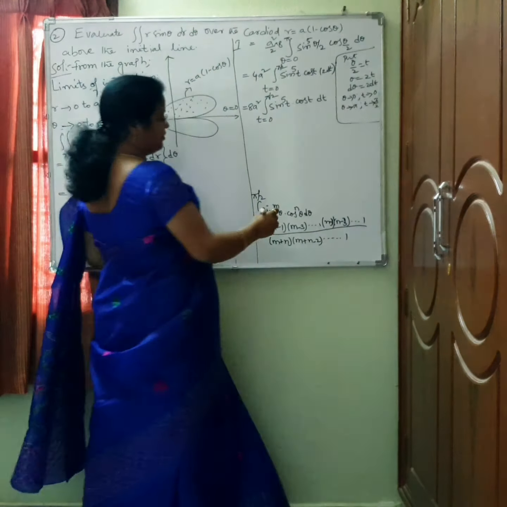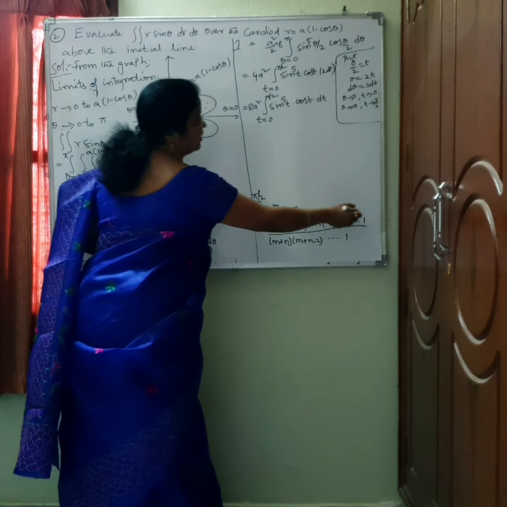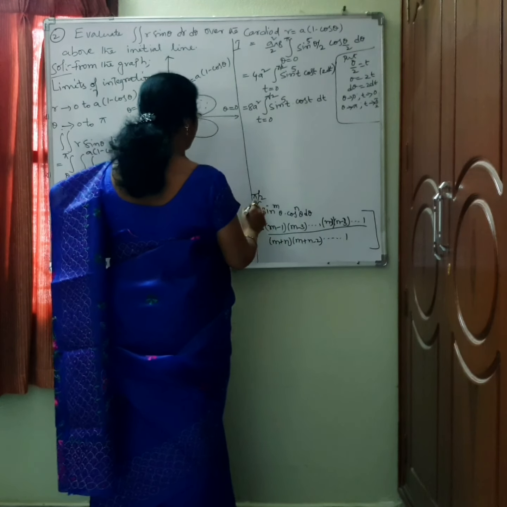If m and n are both even, you are going to have a pi by 2 term. Okay, so this is the formula.